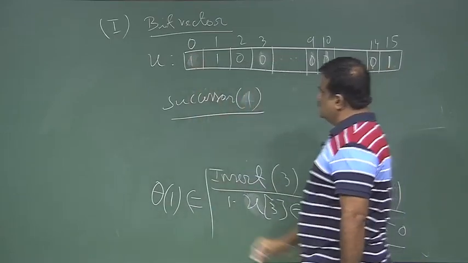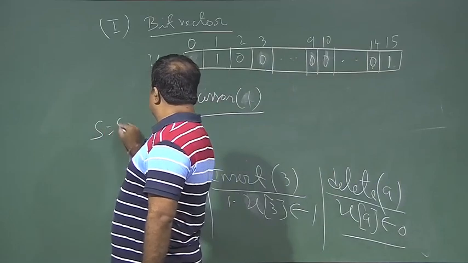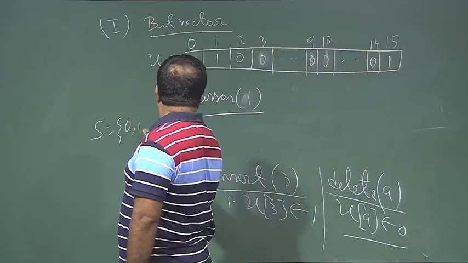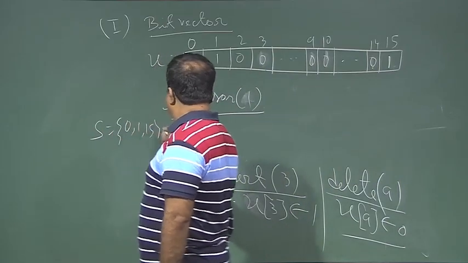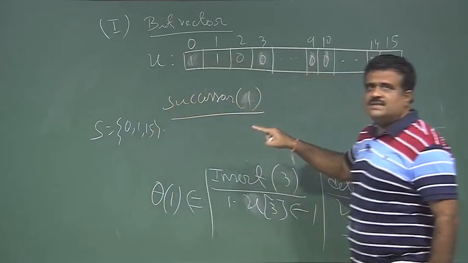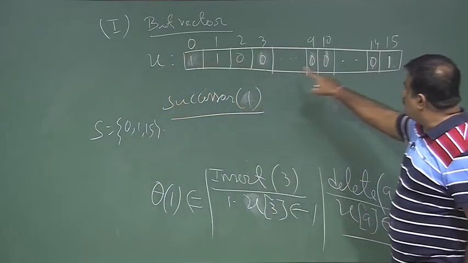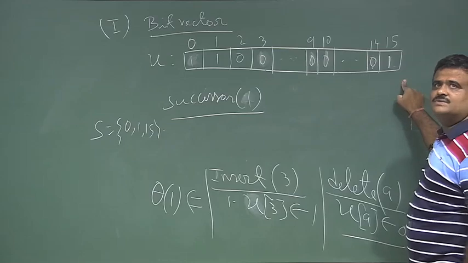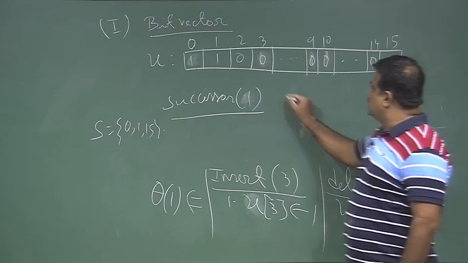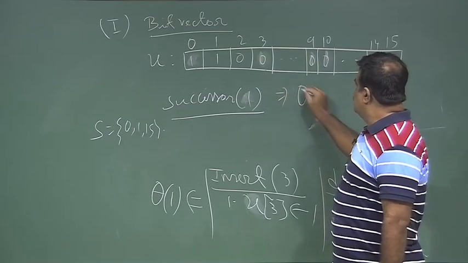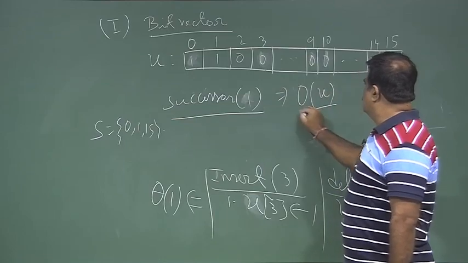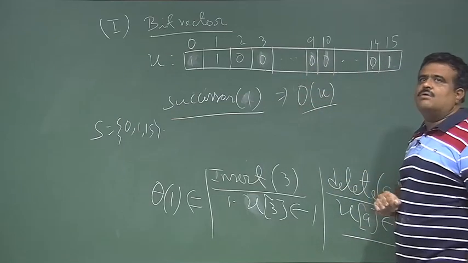Suppose the array positions are 0, 1 and 15. For a successor query, we basically need to scan the whole array, which is of size u. So this will take worst case order of u, because we may need to scan the whole array.